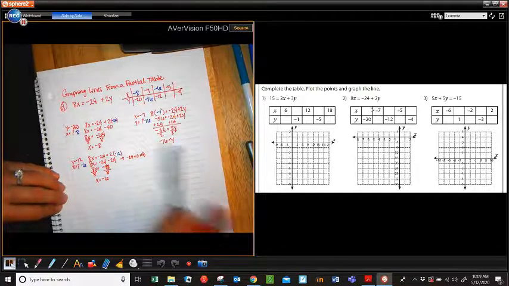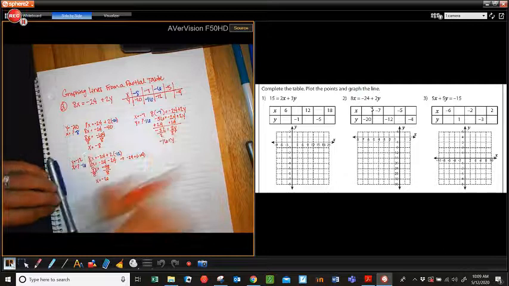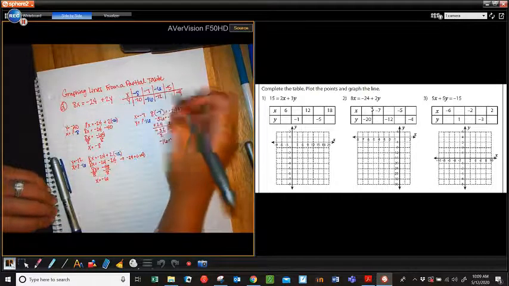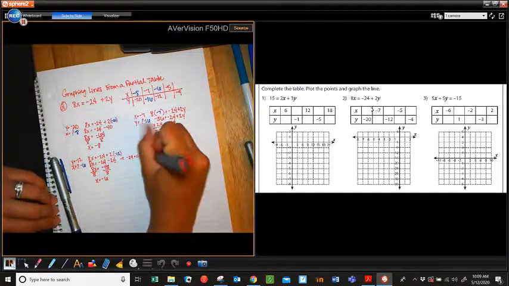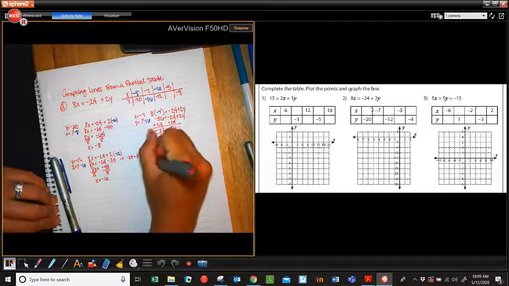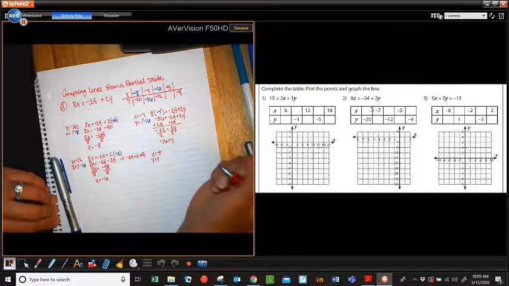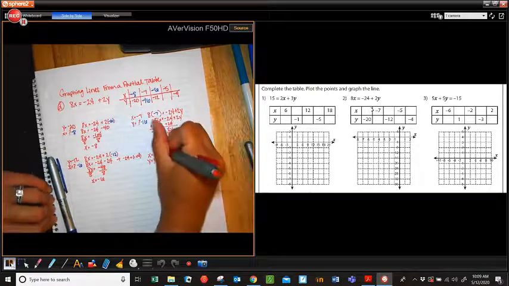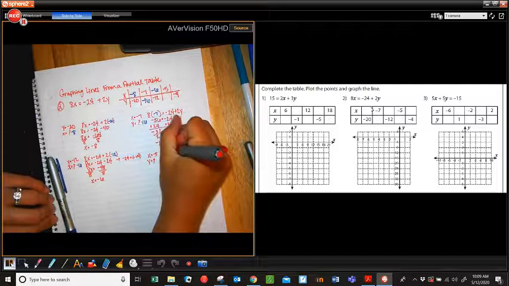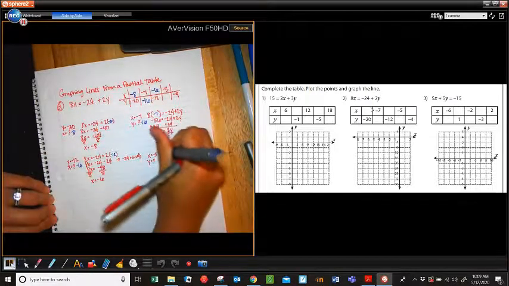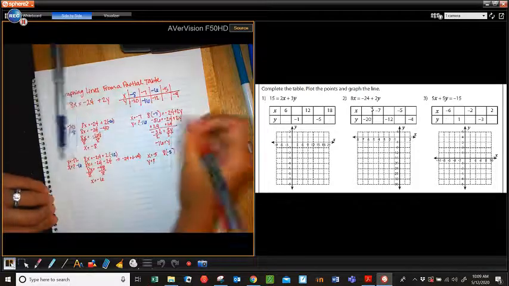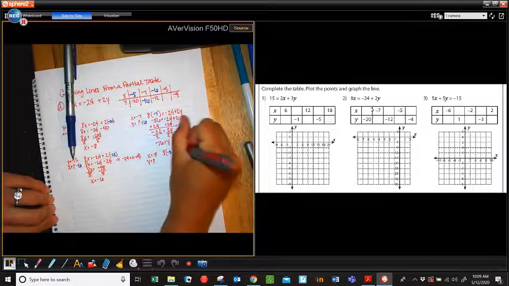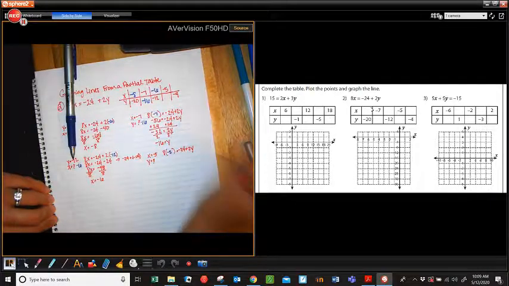Alright, a couple more. Our x value is negative 5. What could our y value be? So when x is negative 5, what is y? We have 8 times our x value, which is negative 5, equals negative 24 plus 2y.